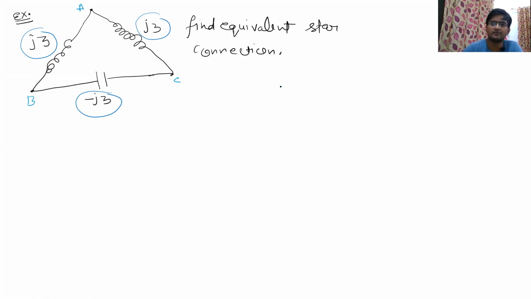You must have studied sometime in your first year that the value for resistance is a real value, but for an inductance value of L, its impedance will be j omega L, where omega is the angular frequency, and for capacitance it will be minus j upon omega C. So you see that the minus j term comes in the impedance value of the capacitor, and the plus j term comes in the impedance value of the inductor.